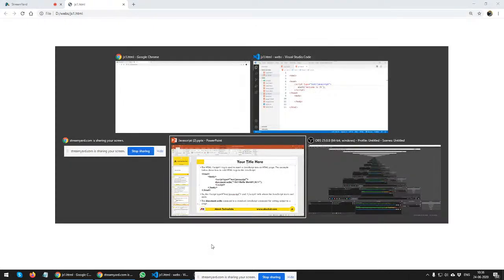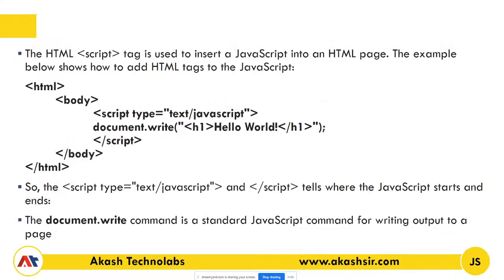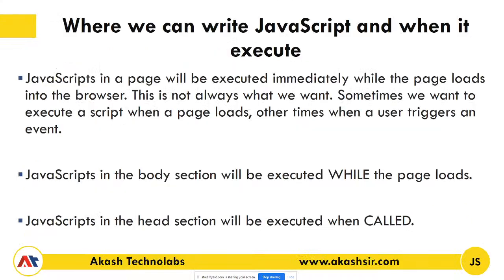Now if we talk about the other properties, where we can write JavaScript and when we can execute it. JavaScript in a page will be executed immediately while the page loads into the browser, and this is not always what we want.